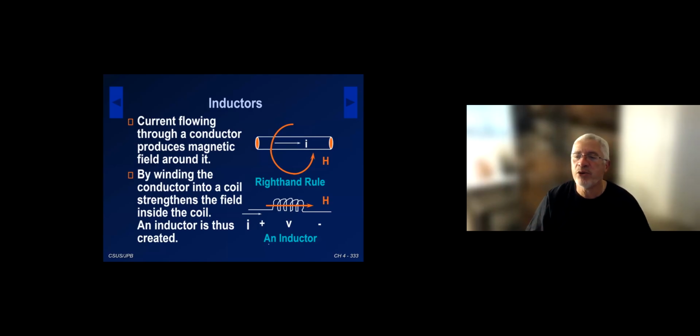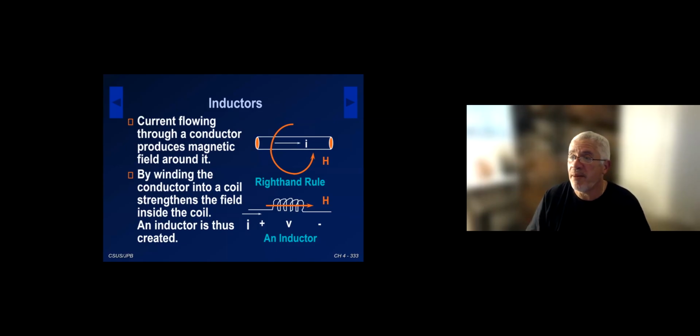What we do in terms of creating an inductor, we essentially make the wire into a coil. We essentially wrap it generally around a particular material. We make it into a coil to strengthen the magnetic field that's inside the center of that coil. That's what that H here is. So we make it into a coil, okay?